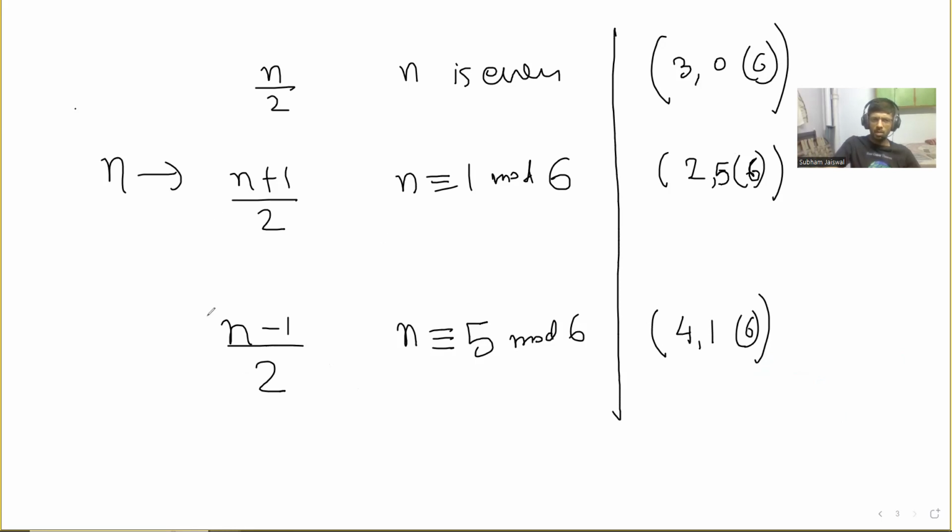I'm just trying now from here. After adding identity, I'm writing here in the corner, we are getting this function: 3n by 2, (3n plus 1) by 2, (3n minus 1) by 2.